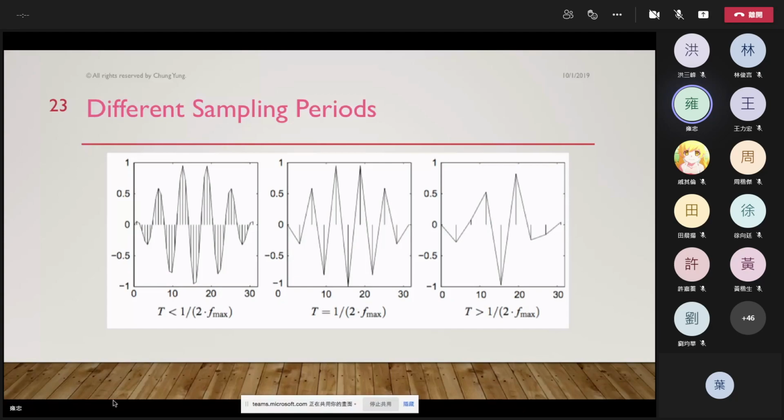So when we do sampling, we need to take care of choosing the time length for the periods.